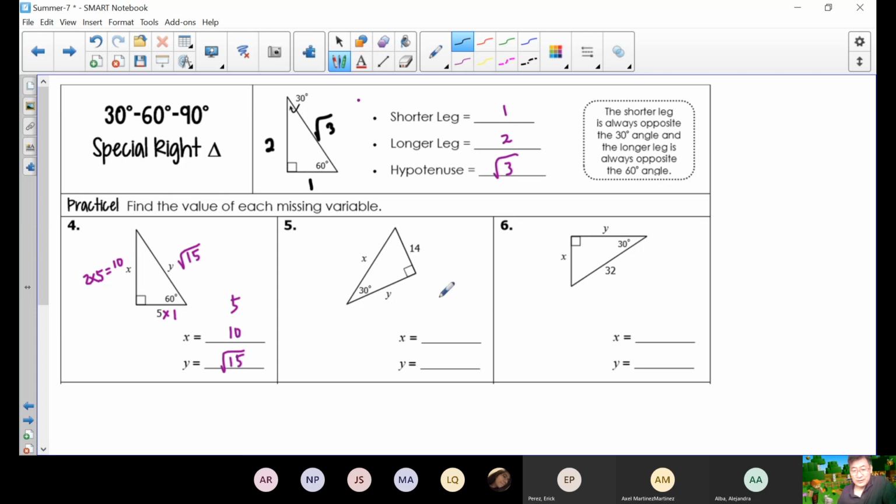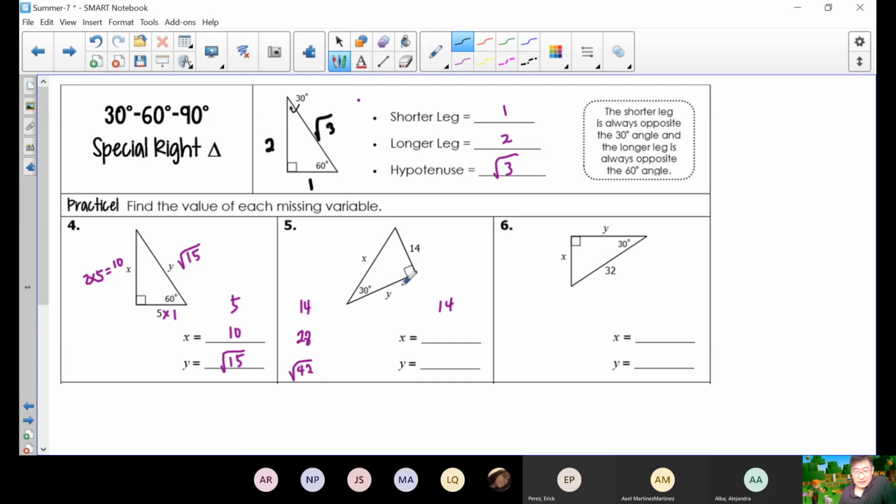So here 14. Let's start with the 14. What is the double of 14? 28. Triple was 1, 2, 3, 42. 42 with the root.